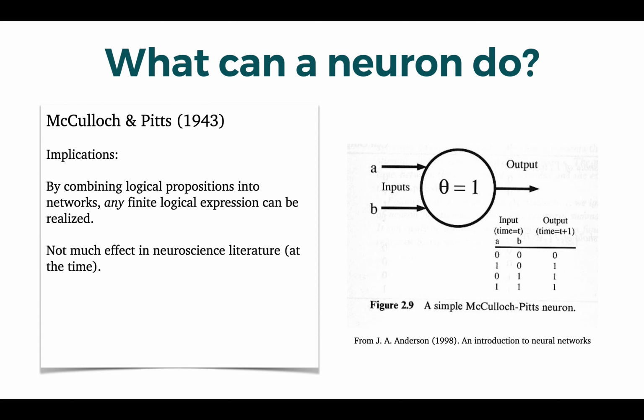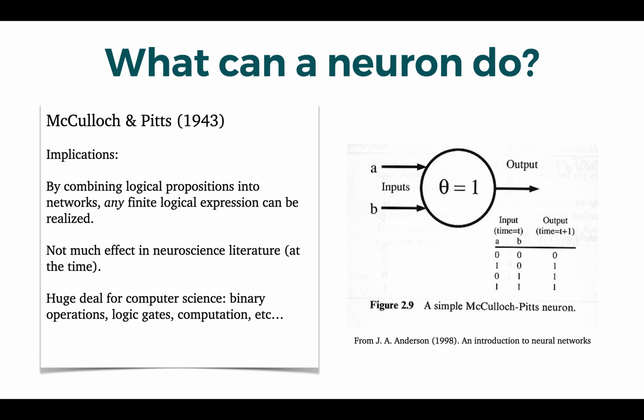So at the time, this didn't actually have much of an effect in neuroscience literature. I don't think it was realized right away by the neuroscience folk how cool this was for neuroscience as a field. The computer science people were like, whoa. Binary operations, logic gates, computation, etc. We can do a lot with this.